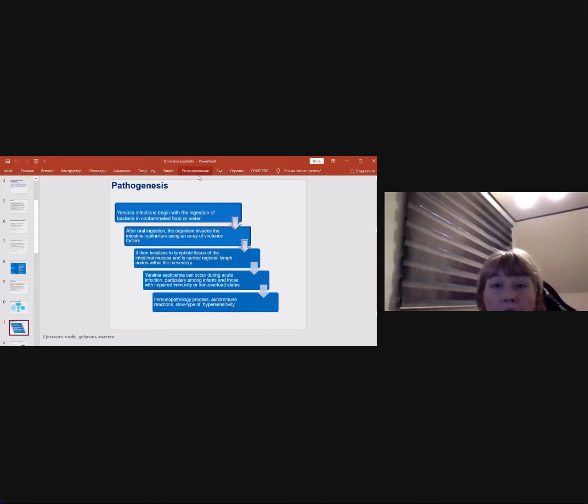Some patients may have mesenteric lymphadenitis, and I want to say that the duration of disease, if the patient has Yersinia mesenteric lymphadenitis, is usually long, and the patients usually have long-term abdominal pain. Yes, and in this case, ultrasound examination of the abdominal cavity may help us in confirming the diagnosis.